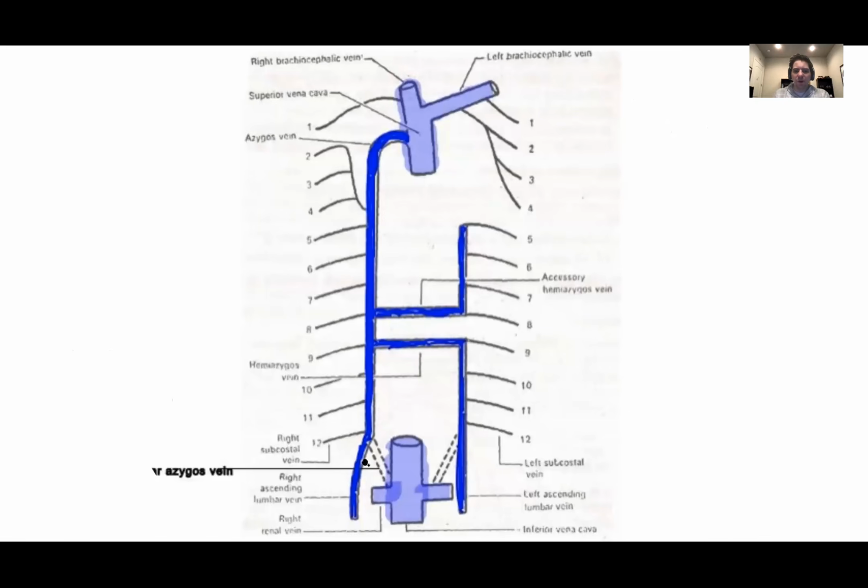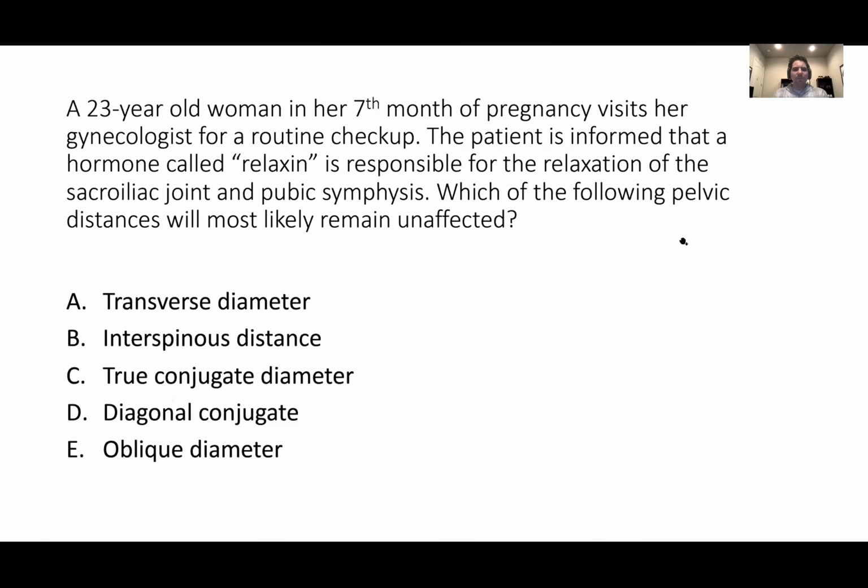And this is a crude drawing, but you can see the azygous system. Accessory hemiazygous is going to be on the left side, and you can see the azygous comes up here. So it's just an additional drainage system from the caval system back up to the right heart. All right, try this one.